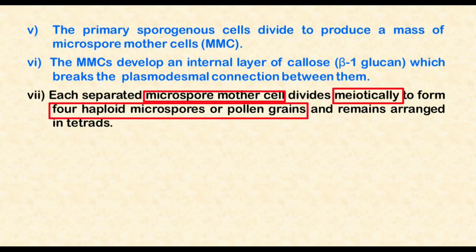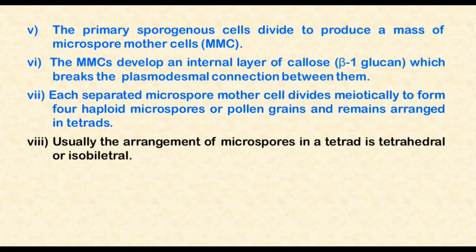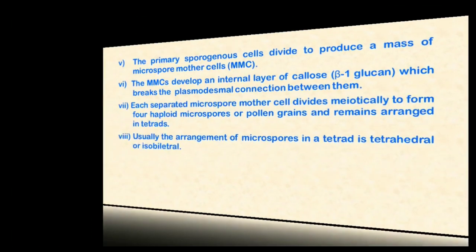These microspore mother cells then divide meiotically to form 4 haploid microspores, and these 4 haploid microspores are arranged in a tetrad, either in tetrahedral or isobilateral fashion.